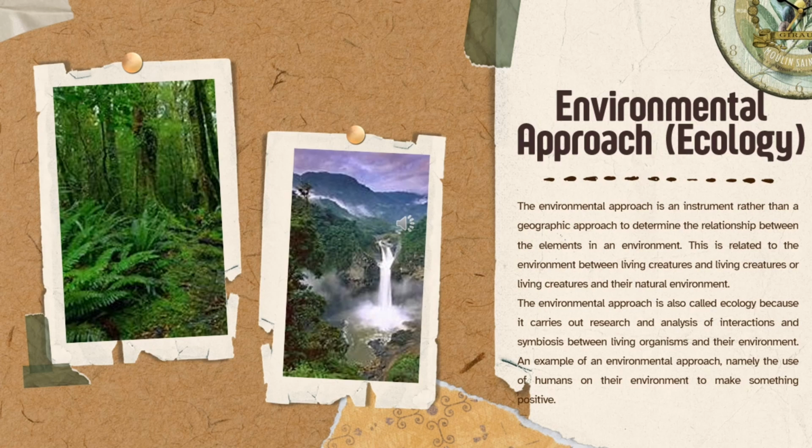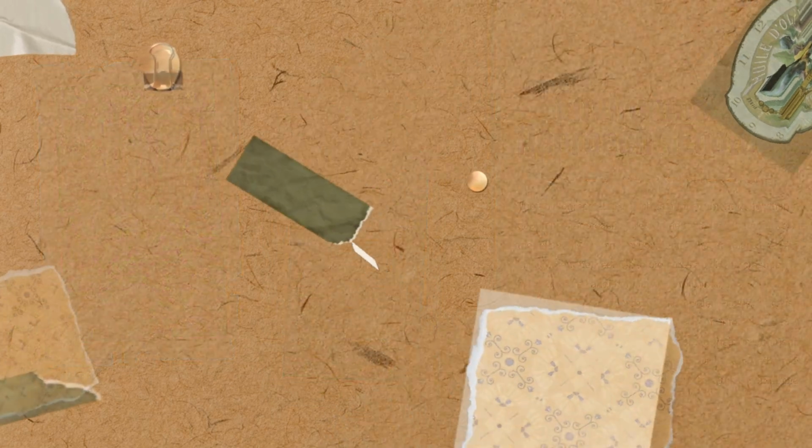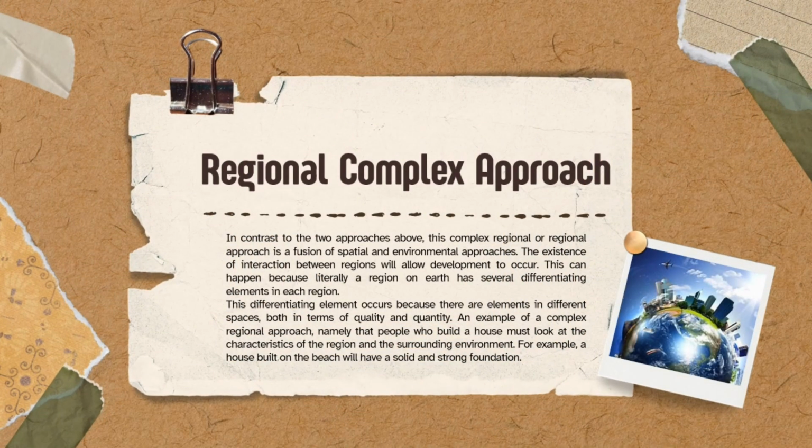The last approach is the regional complex approach. In contrast to the two approaches above, this complex regional approach is a fusion of spatial and environmental approaches. The existence of interaction between regions will allow development to occur.